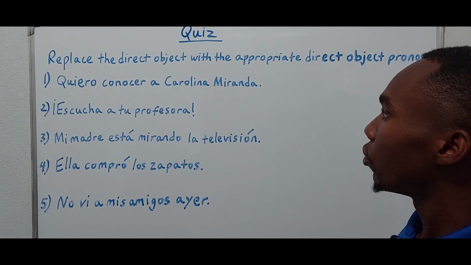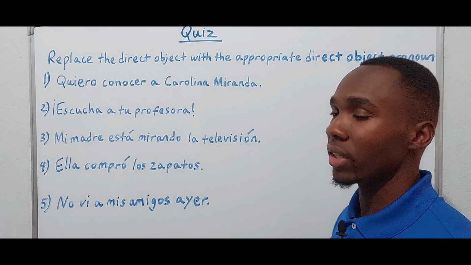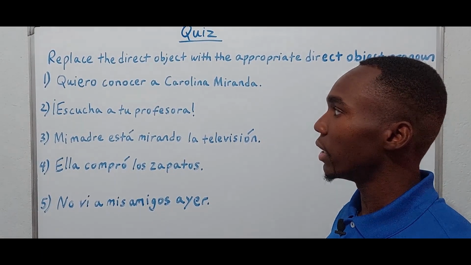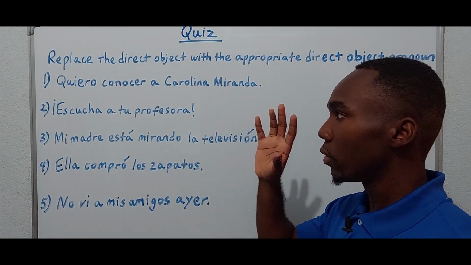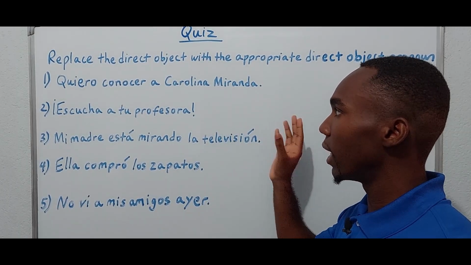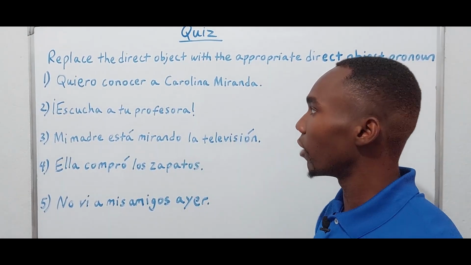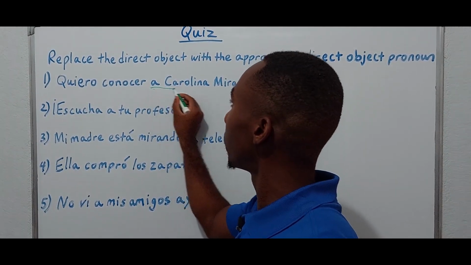Alright, so we have to first identify our direct object, right? So this means I want to meet Carolina Miranda. So who do I want to meet? Carolina Miranda. So this is our direct object, right?